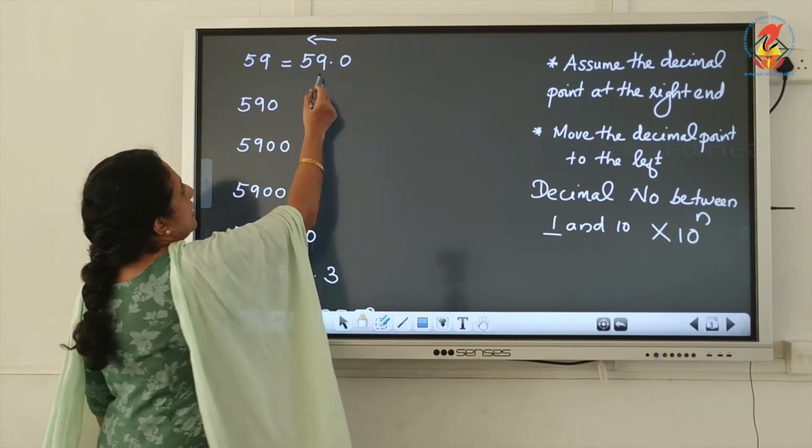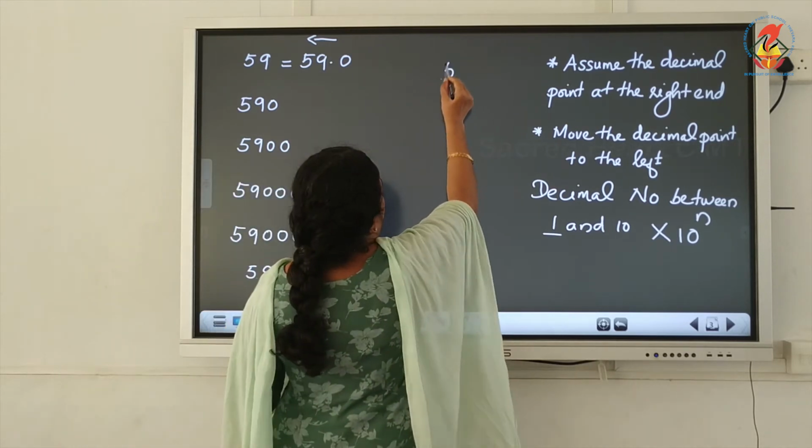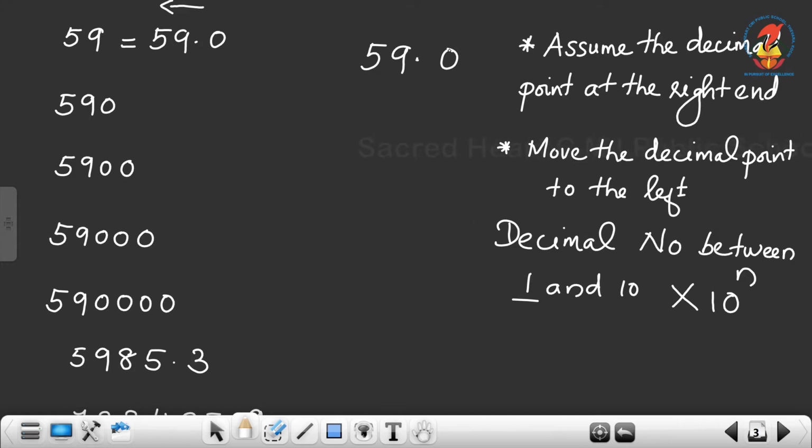Now look at 59.0. We have to move the decimal point to the left so that we get a decimal number between 1 and 10 which includes 1. So 59.0 we can write as 5.9. The meaning is that to the left of the decimal point we have to get only one digit, only one digit in the whole number part.